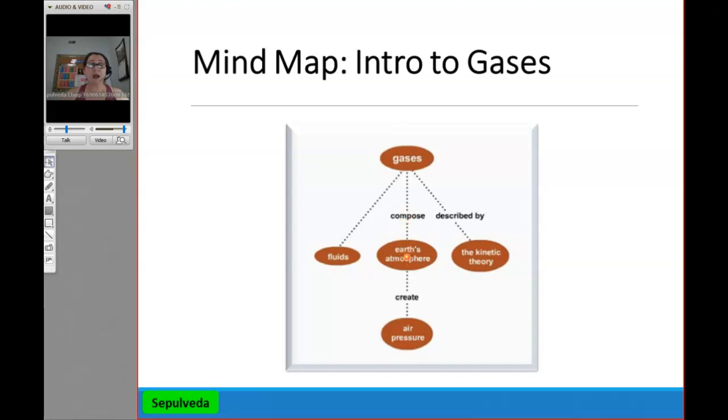As we look at how it's composed in the Earth's atmosphere, again, it's all around us. It creates air pressure. We have air pressure in order for us to breathe. We breathe in oxygen, and we breathe out carbon dioxide. Plants interchange that by taking in the carbon dioxide and breathing out the oxygen for us to breathe. So again, it is created in the air pressure we have in the world around us.